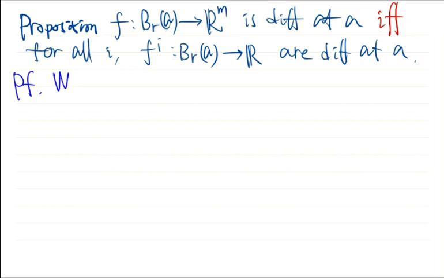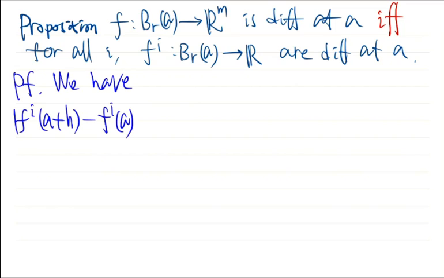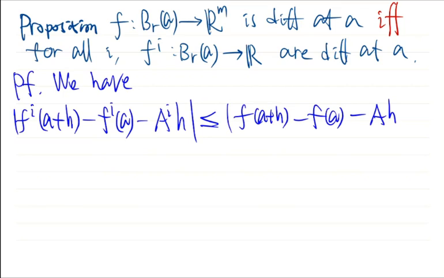We have |f_i(a+h) - f_i(a) - a_i h| is not greater than |f(a+h) - f(a) - Ah|, because the term inside the norm on the left-hand side is the i-th component of that on the right-hand side.